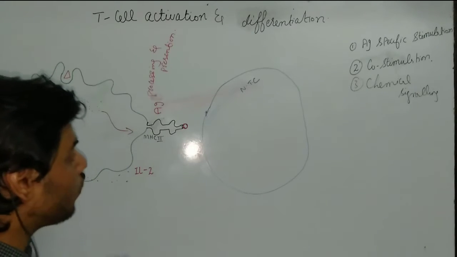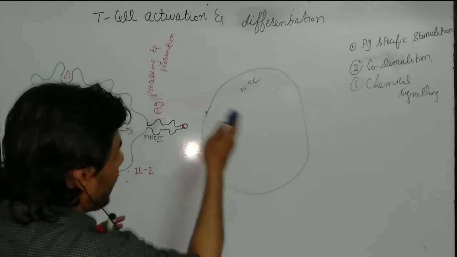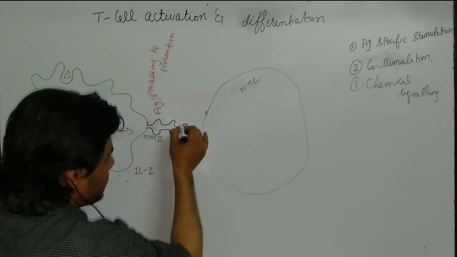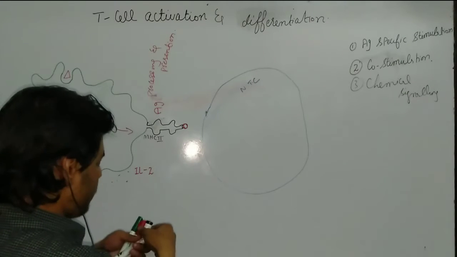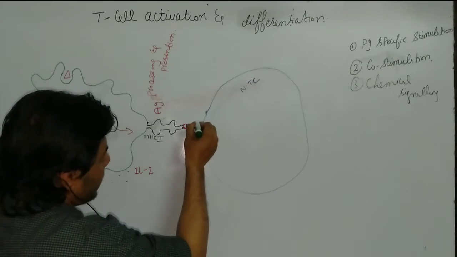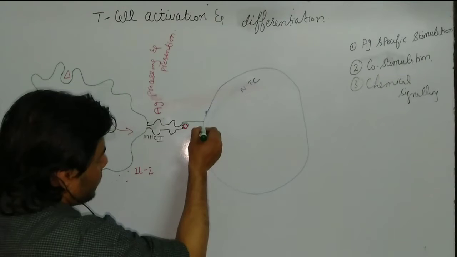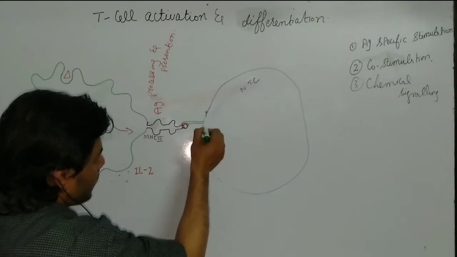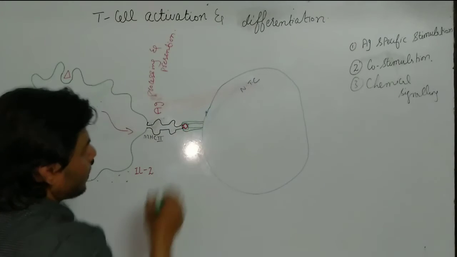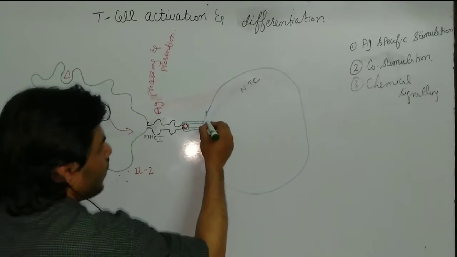But how? Now focus here. Once this T cell comes closer, they will recognize this antigen through their receptor. Let's suppose they are recognizing this one receptor. Okay, so this is the receptor of the T cell.